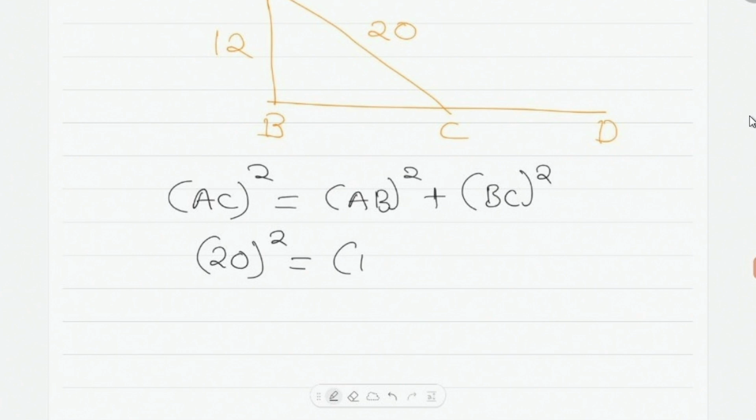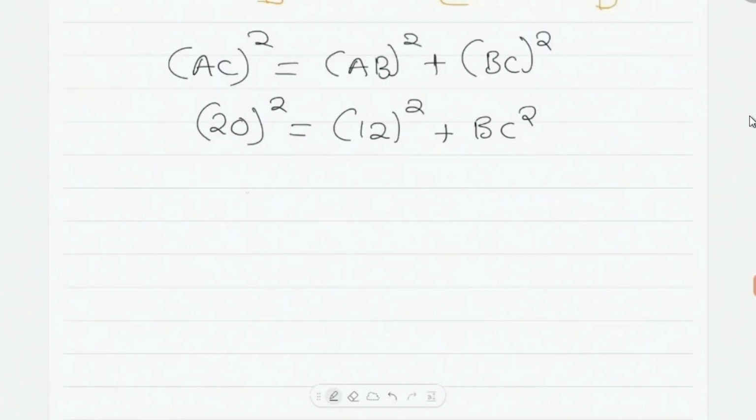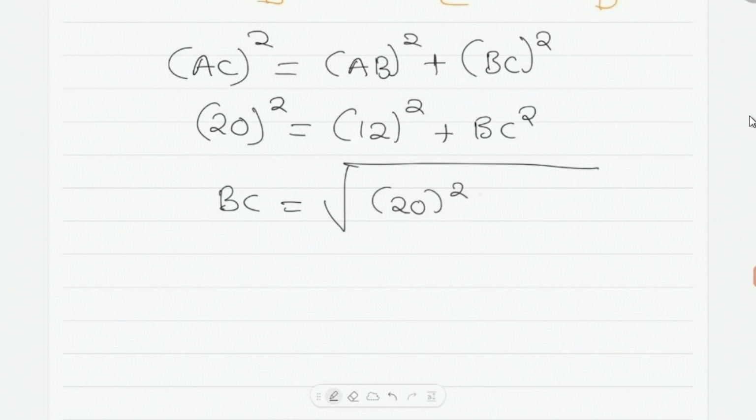Then BC will be equal to, making BC the subject of the formula, the square root of 20 squared minus 12 squared. Of course, I just transposed 12 squared, so it became 20 squared minus 12 squared, and then I remained with BC squared. Then I square rooted both sides of the equation for me to make BC the subject of the formula.